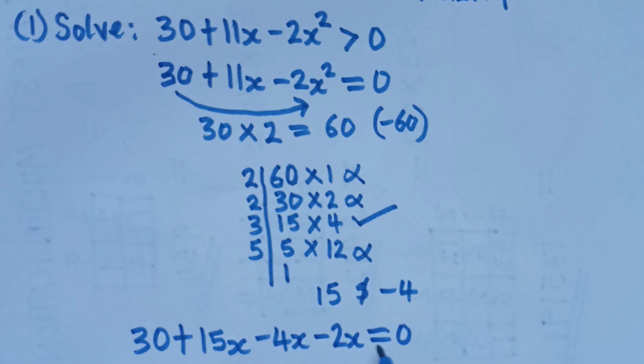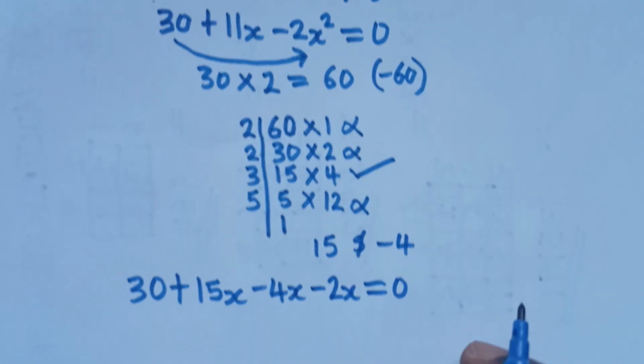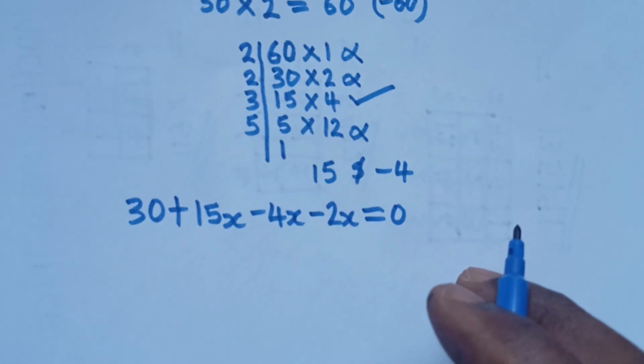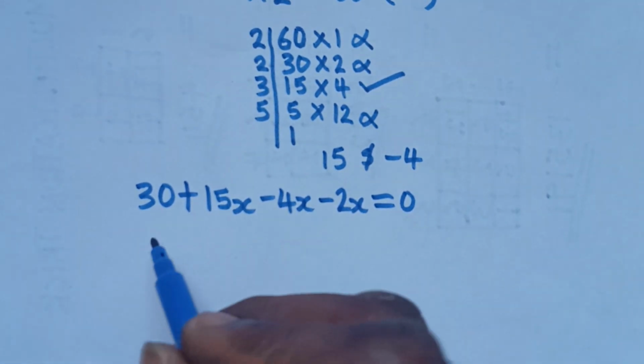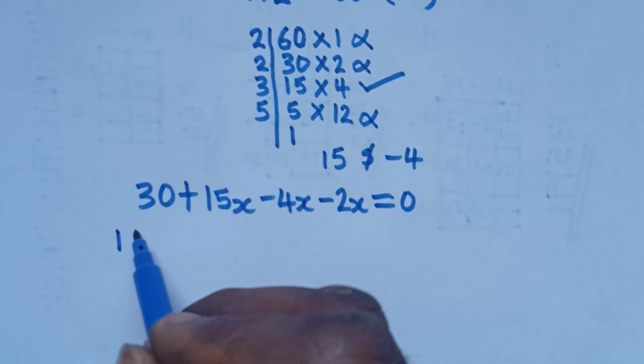So I'm going to factorize by grouping. So what is common between these two now? That will be 15 is common between them. So I have 15 as the factor.